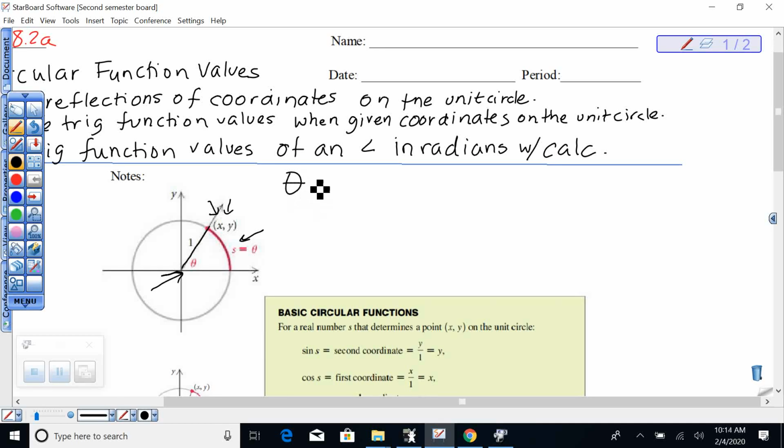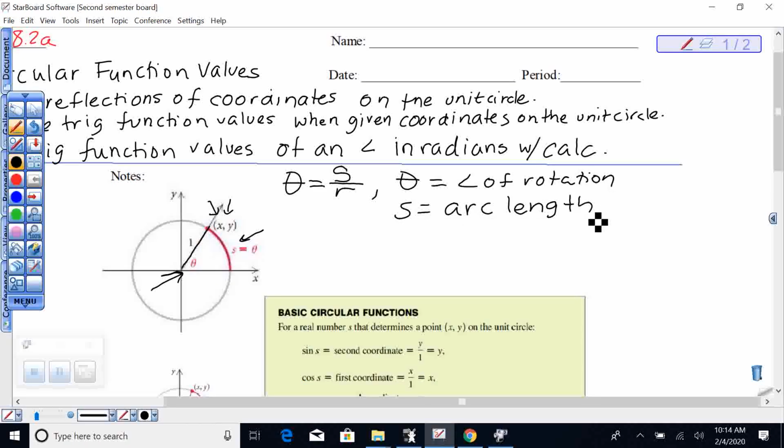Theta is equal to the length of S, which is just a certain section of your circumference. It's called an arc length, over your radius. So we can just define that as, with theta being your angle of rotation, S being an arc length, or a portion of your circumference, and R being a radius.